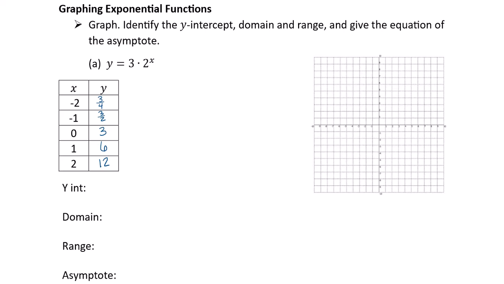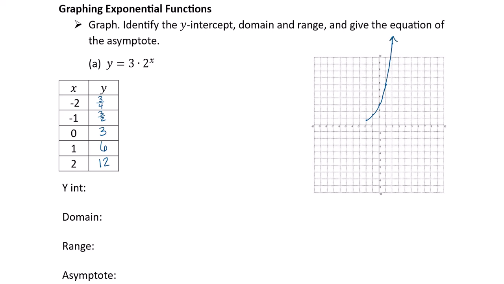I have a negative 2, 3/4, a negative 1, 3/2, 0, 3, 1, 6, and 2, 12. And here we go, trying to connect the dots as smoothly as we can.